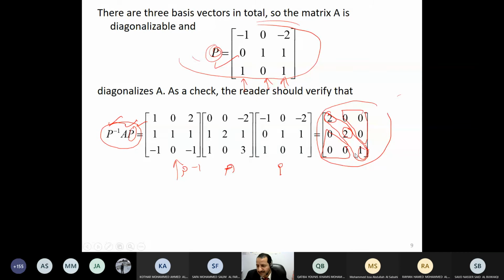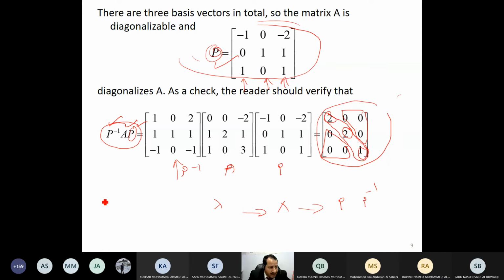You got it? Let me repeat again. I went through the characteristic equation and I got lambda. It could be lambda 1, lambda 2, lambda 3, whatever they are. Then for each lambda, I got the eigenvector x. I put them together to get P. Now I got P inverse also.